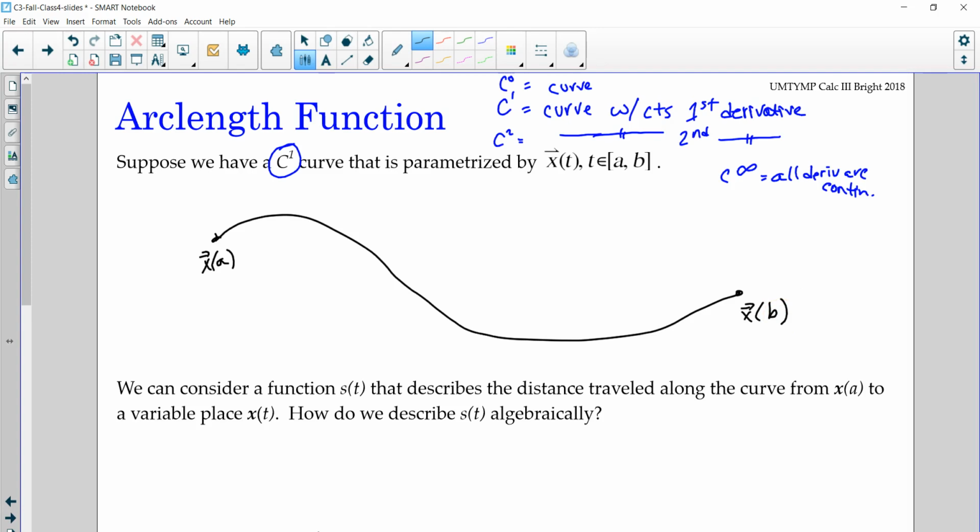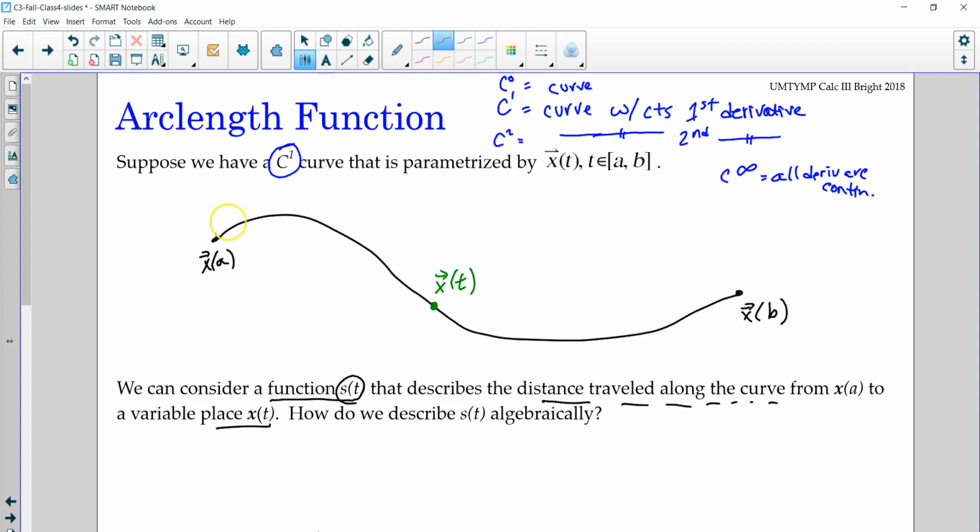Now, what I want to develop is a function s of t. What this function is going to describe is the distance traveled along the curve from x of A to this variable place x of t. So let's put this variable place in here. I'm going to call this vector x evaluated at this boundary t.